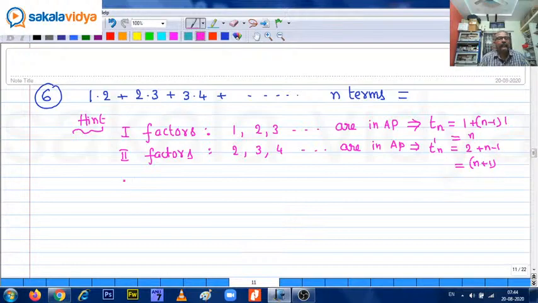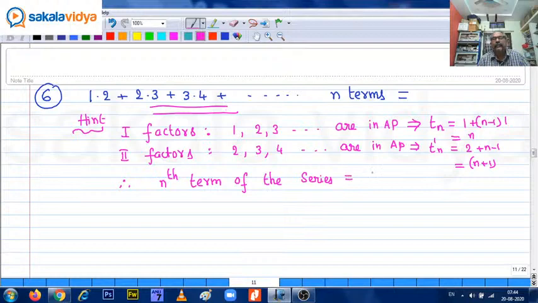Therefore, the nth term of the series is Tn multiplied by T dash n, that is n times n plus 1.